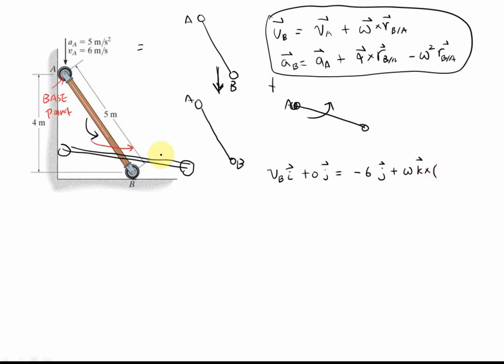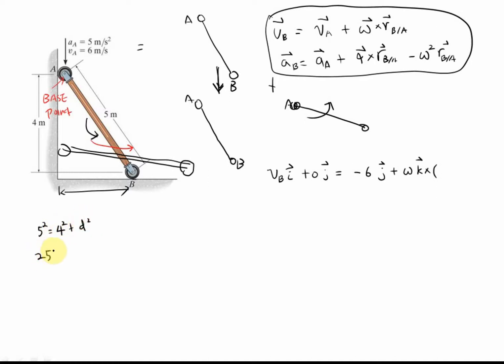Okay, so here, this is 4 and 5, right? This is 4 and 5. So probably we can get the certain distance from here to here. So 5 squared is equal to 4 squared plus d squared.